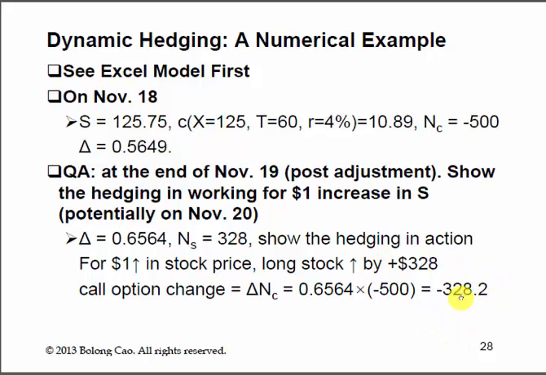So right after a $1 price movement, remember this is in the same day, so let's say the risk-free rate hasn't really kicked in yet. There's only a small approximation error of 20 cents for $328 movements on both sides.